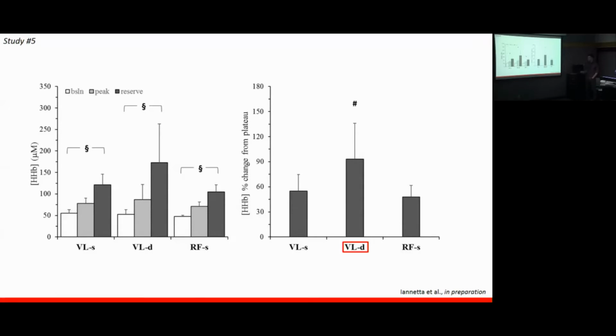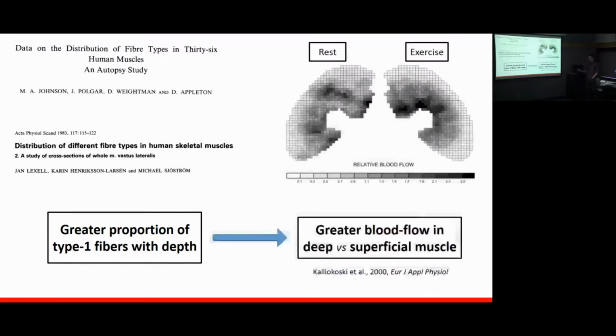which is kind of nice, because this finding very well fits with the common notion that deep muscle has a greater proportion of type 1 fibers, which leads to greater blood flow in deep versus superficial muscle. This is an MRI study, and this is the quadriceps at rest and during exercise.